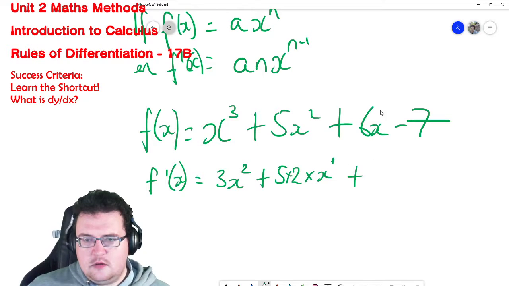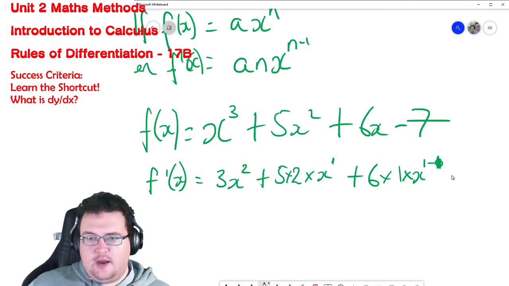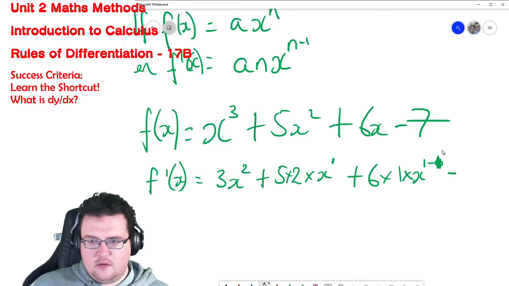Then here, 6 times 1 times x to the 1 minus 1. All right. And then, does this 7 exist in the derivative? Is there an x in here for me to do anything with?